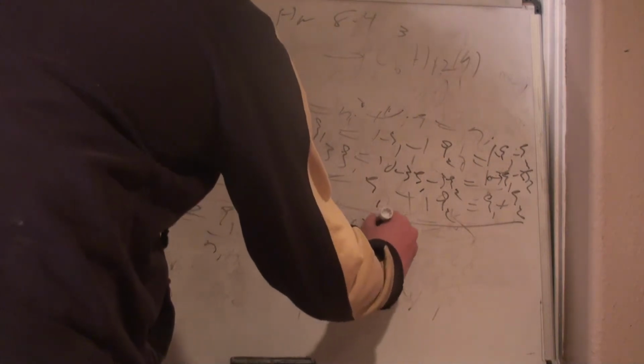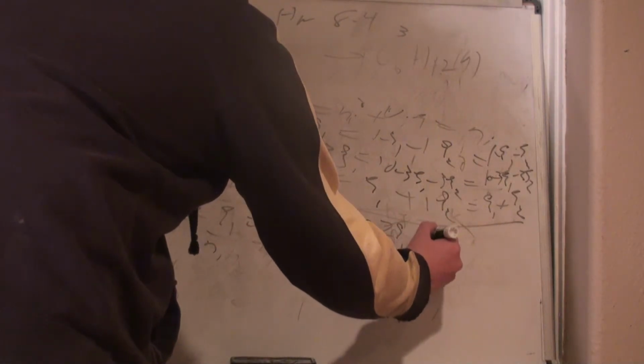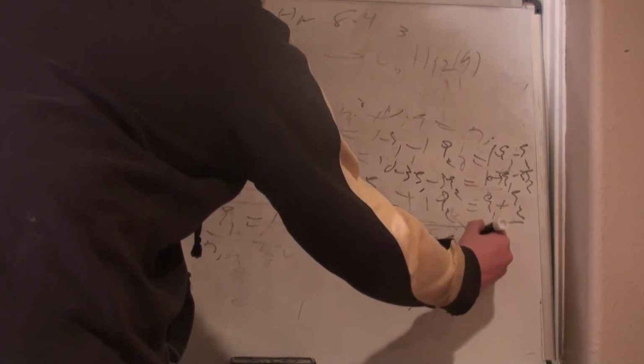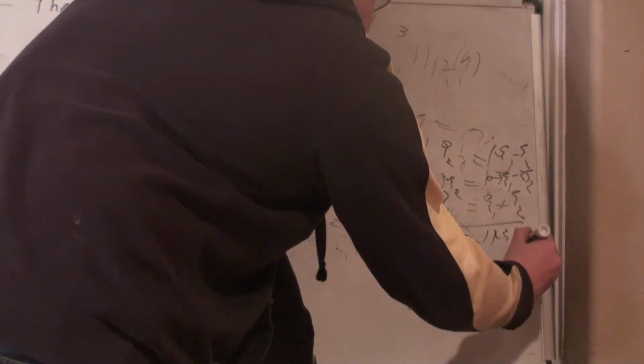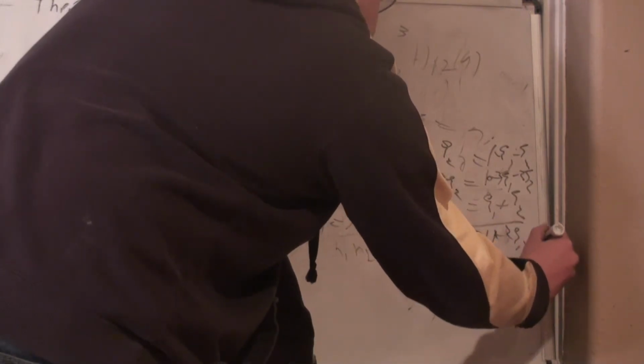In terms of totals, I've got 11 to start with, minus 2 squiggly 1, minus 2 squiggly 2, equals 11 minus 2 squiggly 1 minus 2 squiggly 2. And there's my moles.